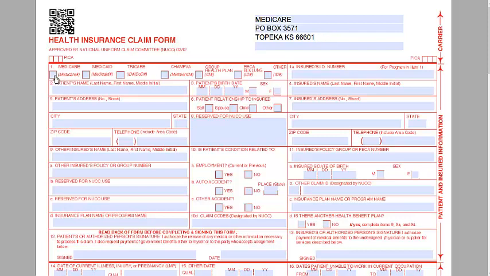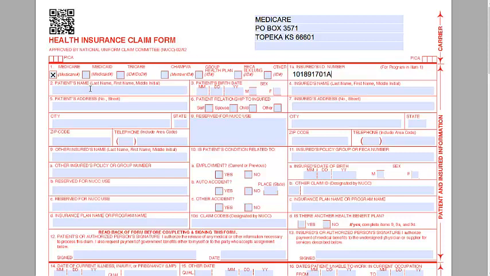Item number 1, we need to indicate that this is a Medicare claim. We complete item 1A, which is the insured's ID number, 101891701A. Then we go to item number 2.